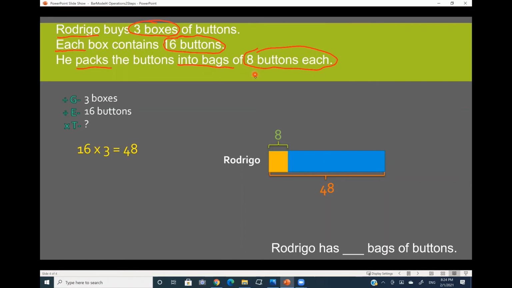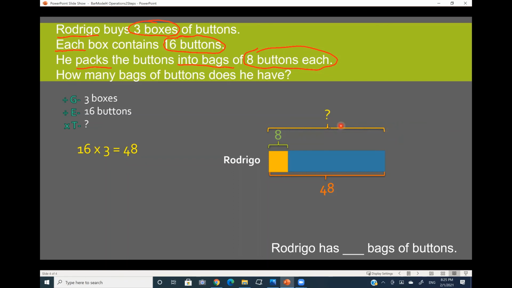So to do that, notice I have my whole, I know how many each, so I can do another time the get strategy. Because I want to answer how many bags of buttons does he have. So, in this moment, what I'm trying to find out is the total number of groups.